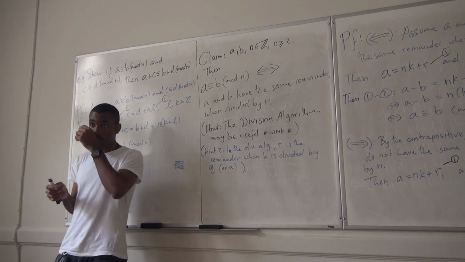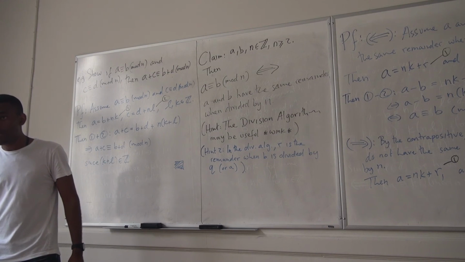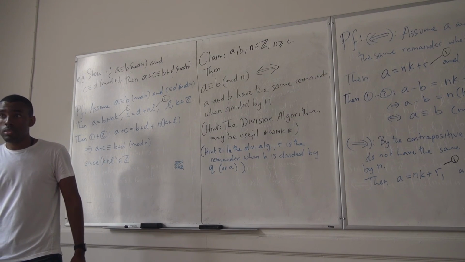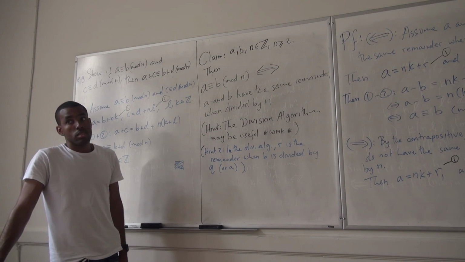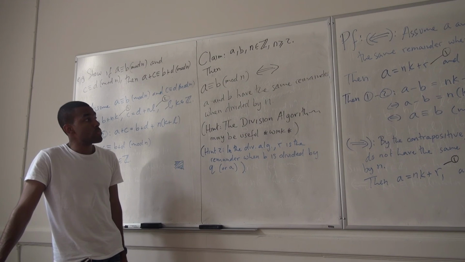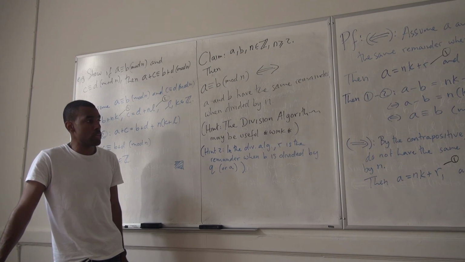Yeah. Questions. I feel like for proofs like this, why can't we say something about how the difference is divisible? I guess it's kind of assumed that they will have the same remainder. If the difference is divisible, then they have the same remainder.